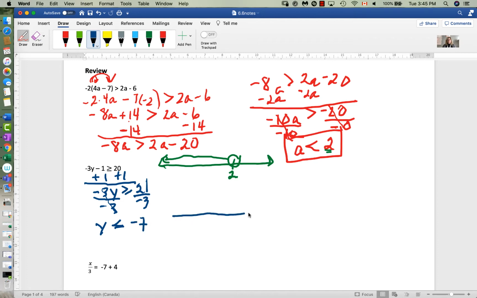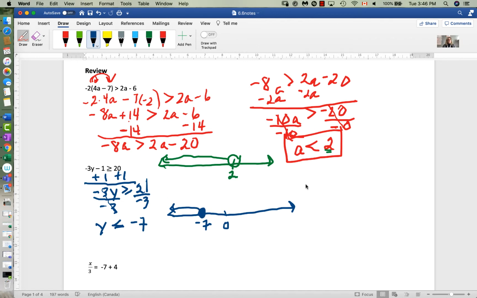If we graph this one, we put minus 7 down here, and we know y is less than or equal to, so there's a big closed dot on the minus 7, and it goes down that way. If I were to test this one out, let's say I test 0, just to see if it works.